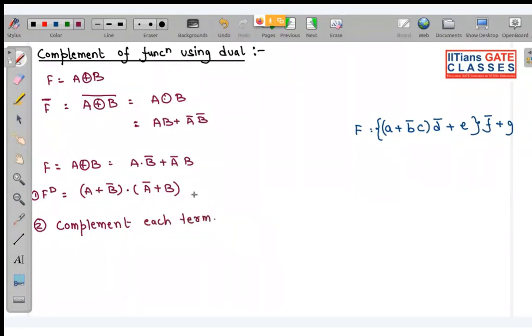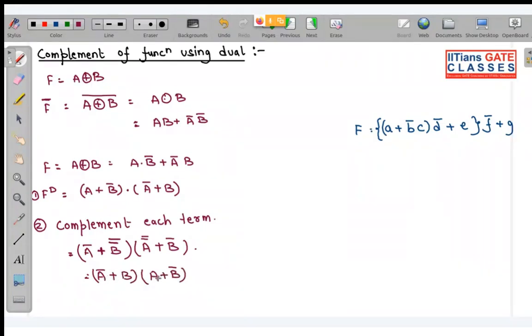So if you complement each term, this will be a complement plus b complement, b complement, a complement plus b complement. So this is going to be a complement plus b, a plus b complement. Now solve this.